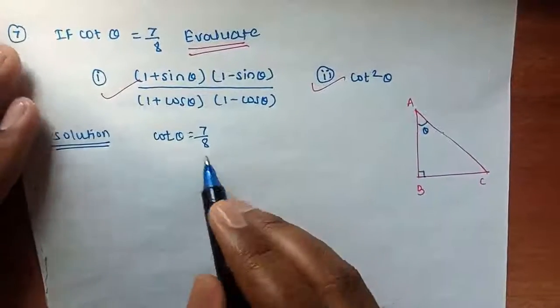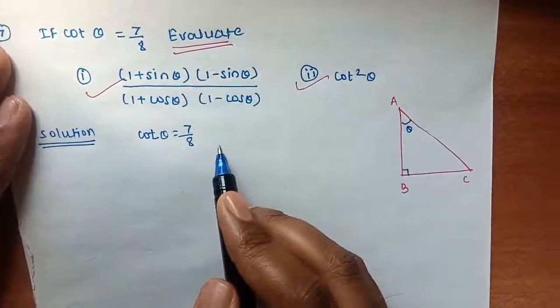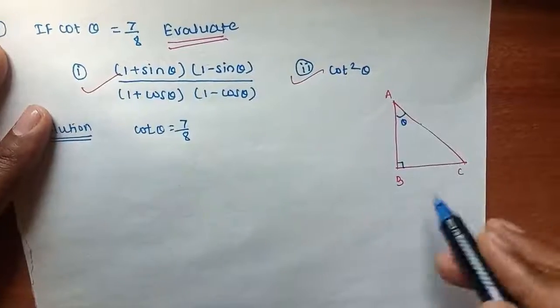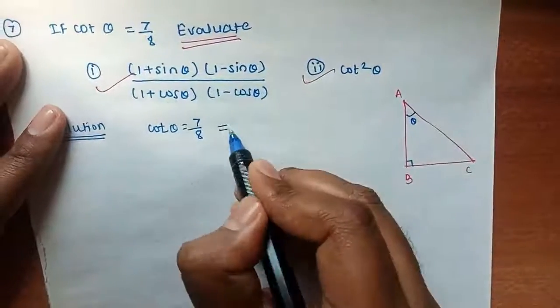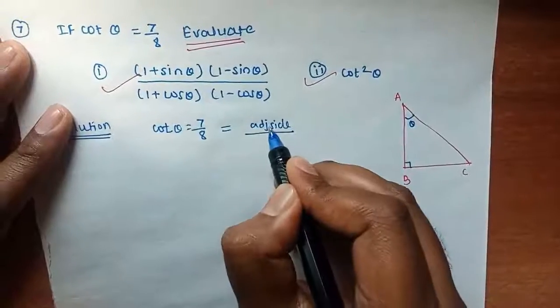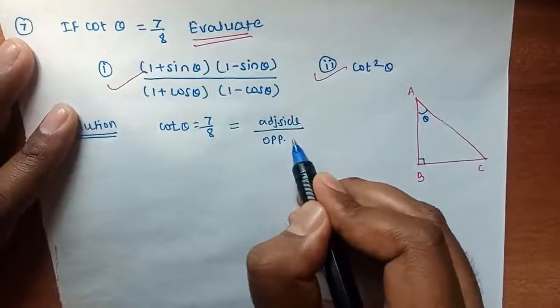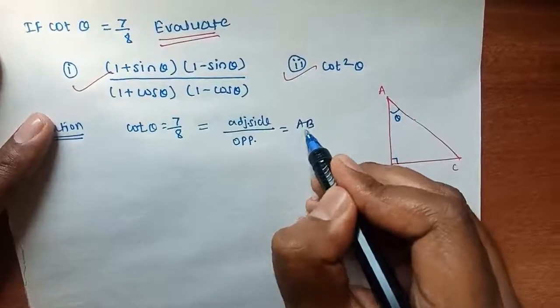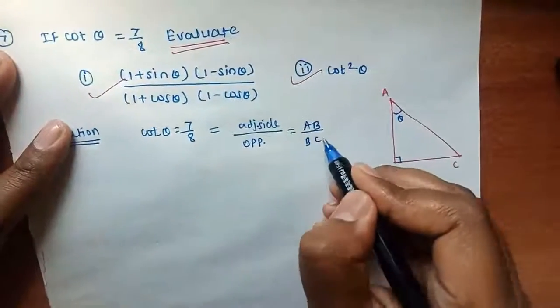So as usual, since they are given in the ratio form, I will take the multiple of constant in terms of these sides. So cot theta, we know that cot theta is equal to adjacent side upon opposite. So adjacent side of this one is AB and opposite side is BC.